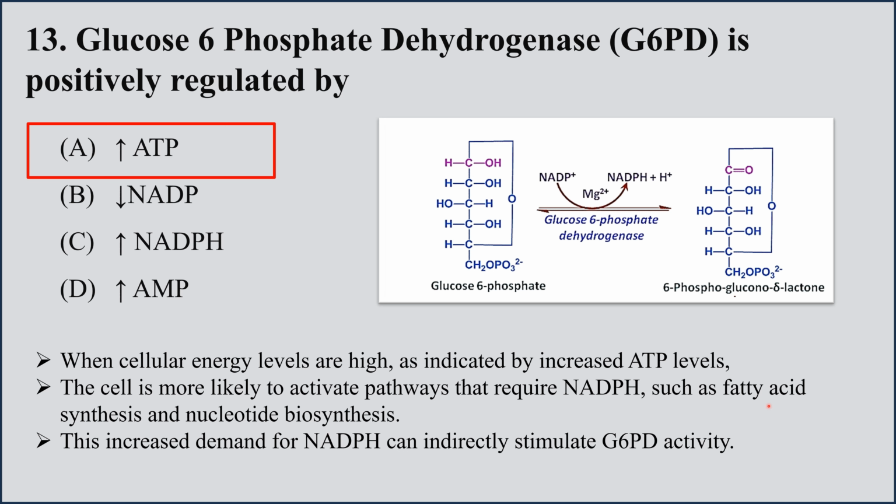This increased demand for NADPH can indirectly stimulate G6PD activity. So for the increased demand for NADPH, it will activate G6PD to synthesize NADPH, which will be utilized for the synthesis of fatty acids and nucleotides. Previously we discussed that NADPH is involved in the reduction of glutathione, but the other functions of NADPH are fatty acid synthesis, and it is also involved in nucleotide synthesis.